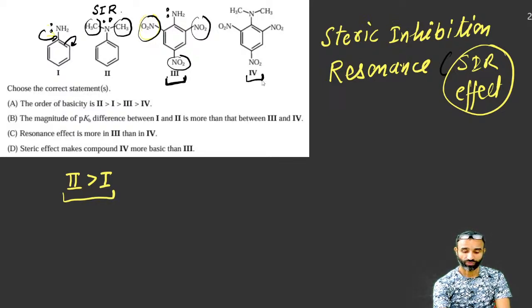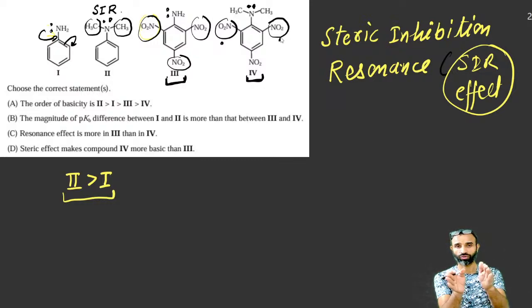Now when we come to the fourth one, first of all there is the SIR effect. At the same time the NO2 groups are ortho to the amino group, so they will show less resonance because they go out of plane due to hindrance. So the withdrawing effect becomes less.